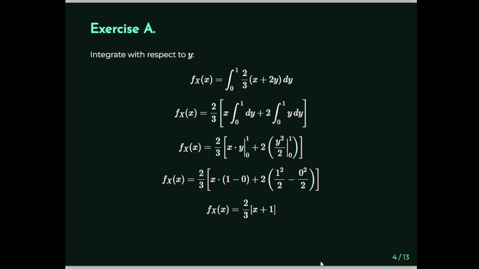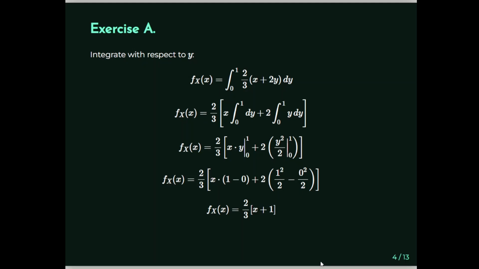And remember, we're taking the 2 out of that integral as well. So just tidying things up and evaluating them. You have 2/3 times x times y evaluated from 0 to 1, which is 1 minus 0, which is 1, plus 2 times y squared divided by 2 evaluated from 0 to 1. So y squared when it's equal to 1 is just 1 squared, 1 divided by 2, and 0 squared divided by 2 is just 0.